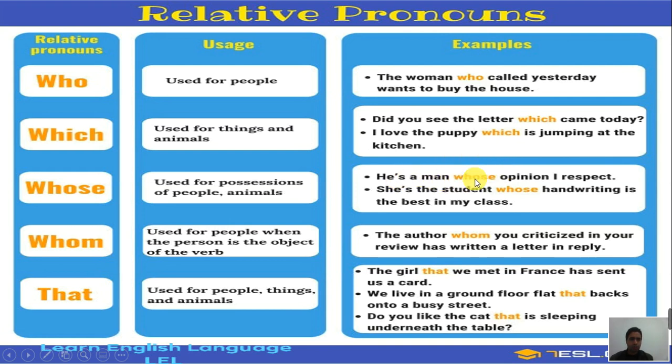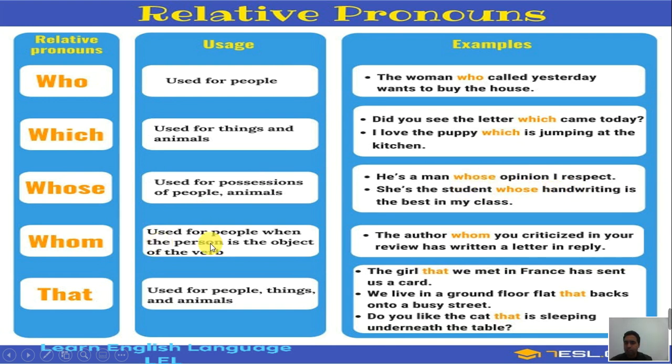So, he's the man whose opinion I respect. She's the student whose handwriting is the best in my class. So, the handwriting of this student. So, that's why we say whose. It means the handwriting of this student. So here we're talking about something that belongs to someone or something that someone possesses.